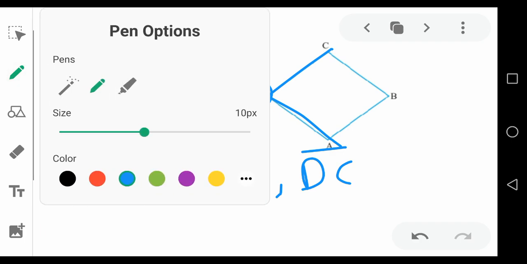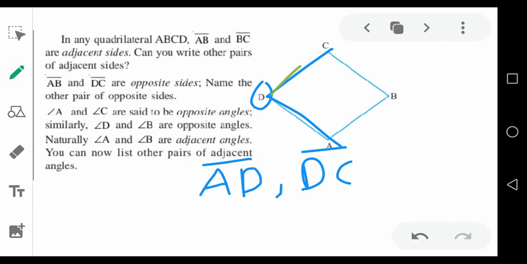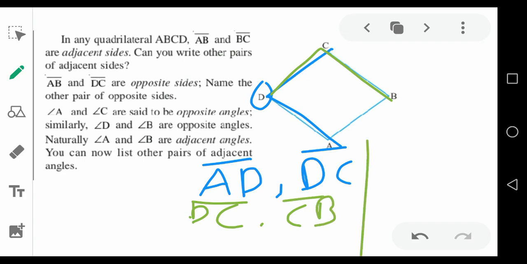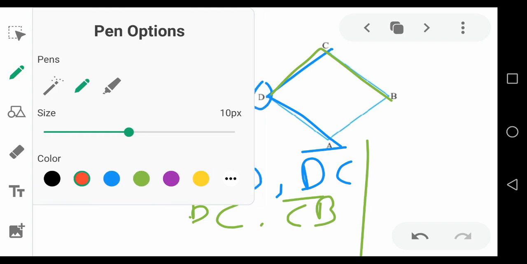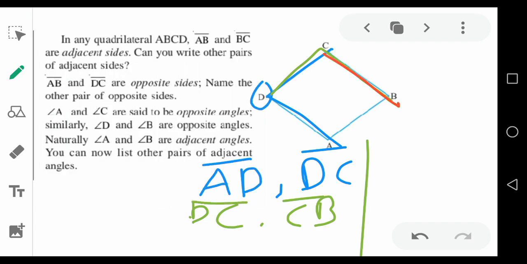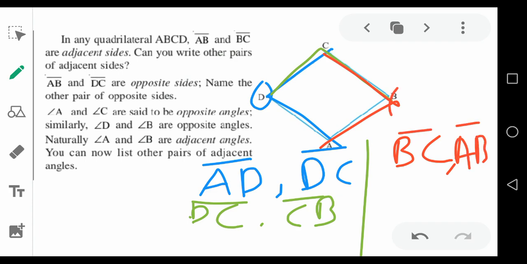Which is the next pair of adjacent sides? DC and, always you have to put a line segment bar on it. Okay, DC and CB is another set of adjacent sides. What's the next set of adjacent sides? BC and AB. B is common for both, right? Then which is the next set?